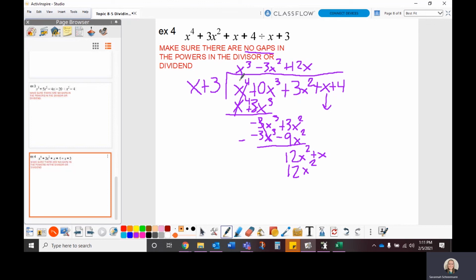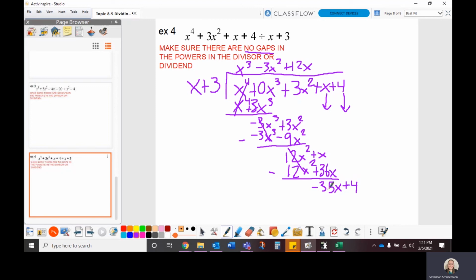And then 12x times 3 is going to be plus 36x. All right, and then subtracting that, those cancel. X, again, this is minus, so x minus 36x is going to be negative 35x. And bring down the 4.